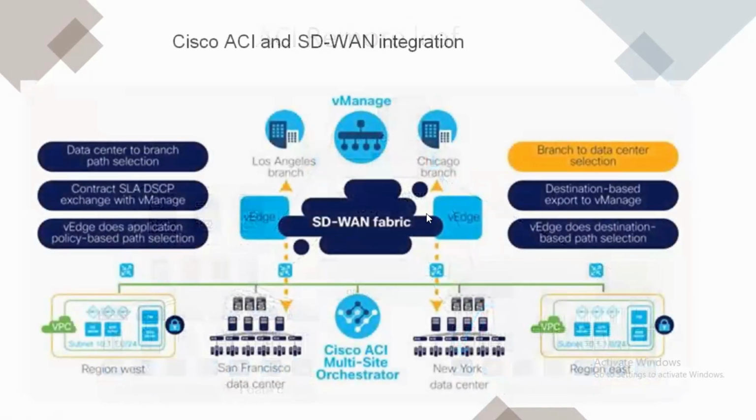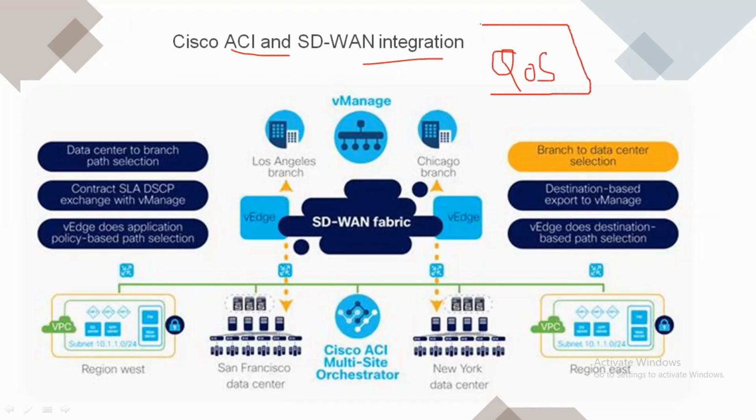So like that, there are different technologies, like ACI and SD-WAN integration. This is not that widely used, but it's helpful in QoS marking, right? If you are doing QoS marking from your on-premises data center all the way to the SD-WAN branch, that will be helpful.